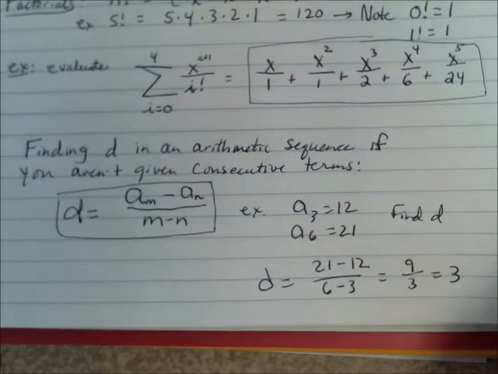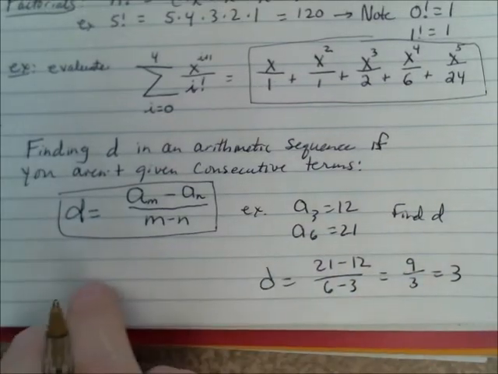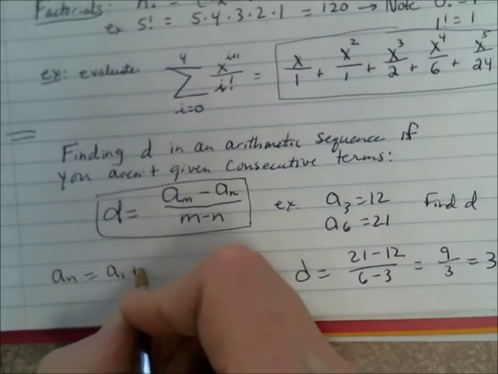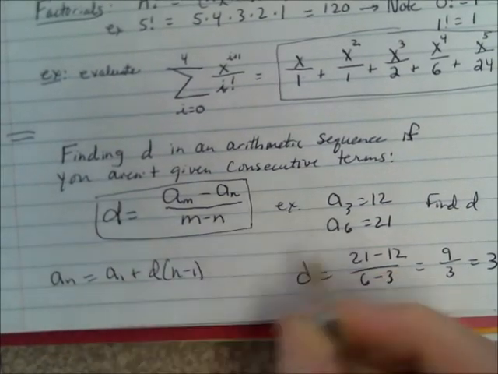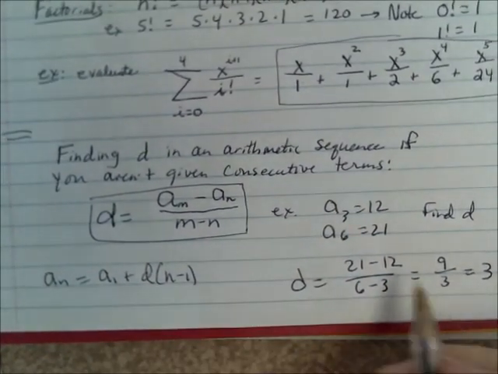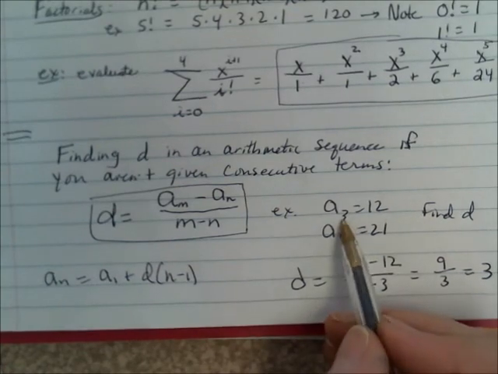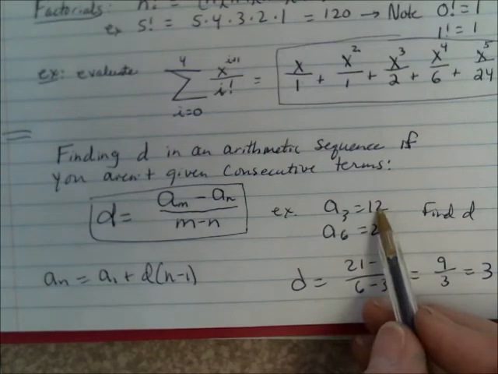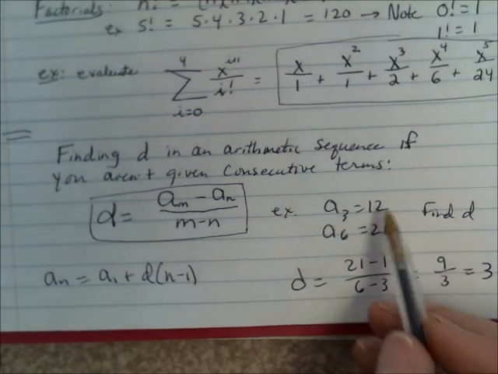So if I wanted to figure out the formula for that, a_n is equal to a_1 plus d times n minus 1 for an arithmetic formula. Well, if I know the third term is 12 and I know d is 3, then I can just subtract 6 from 12 to get down to the first term.